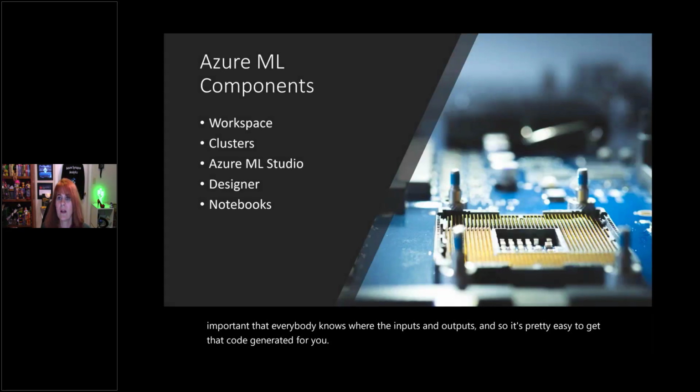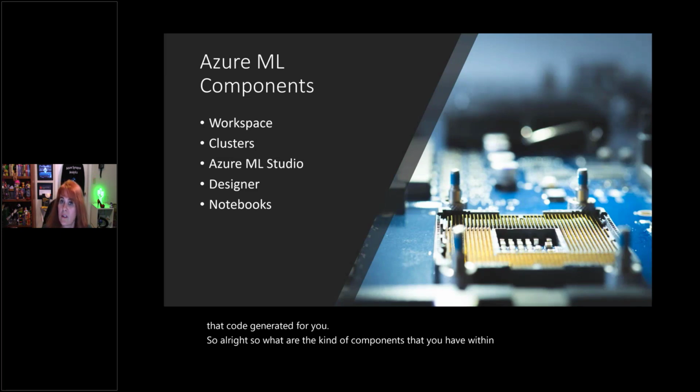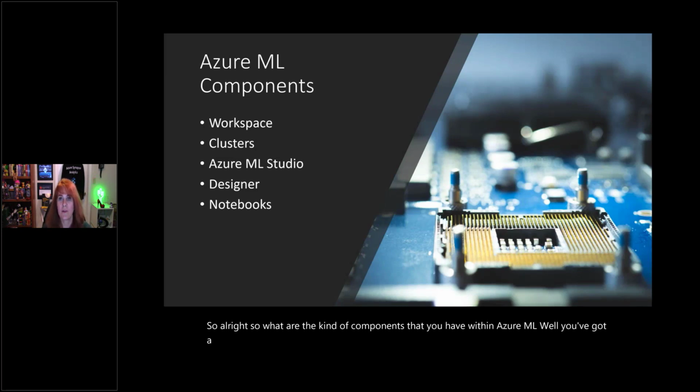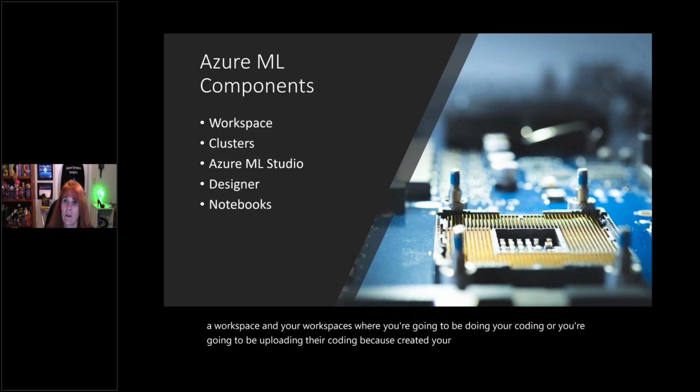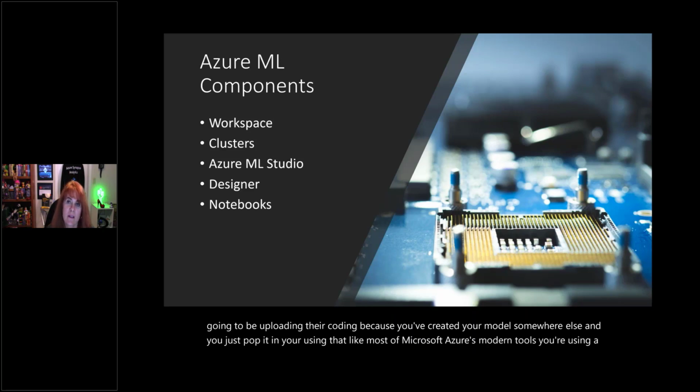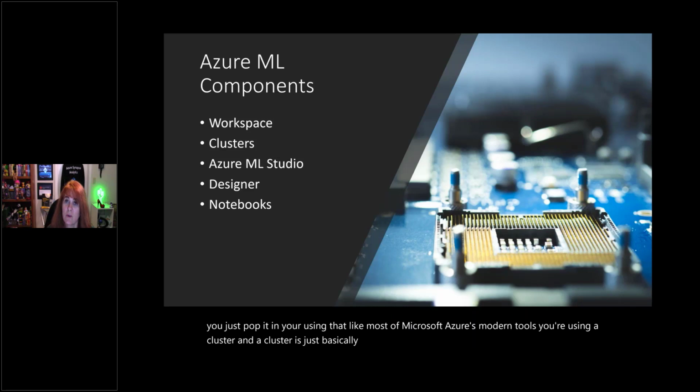So, all right, what are the kind of components that you have within Azure ML? Well, you've got a workspace, and your workspace is where you're going to be doing your coding, or you're going to be uploading your coding because you've created your model somewhere else and you're just using that. Like most of Microsoft Azure's modern tools, you're using a cluster. And a cluster is just basically a computer that you choose.